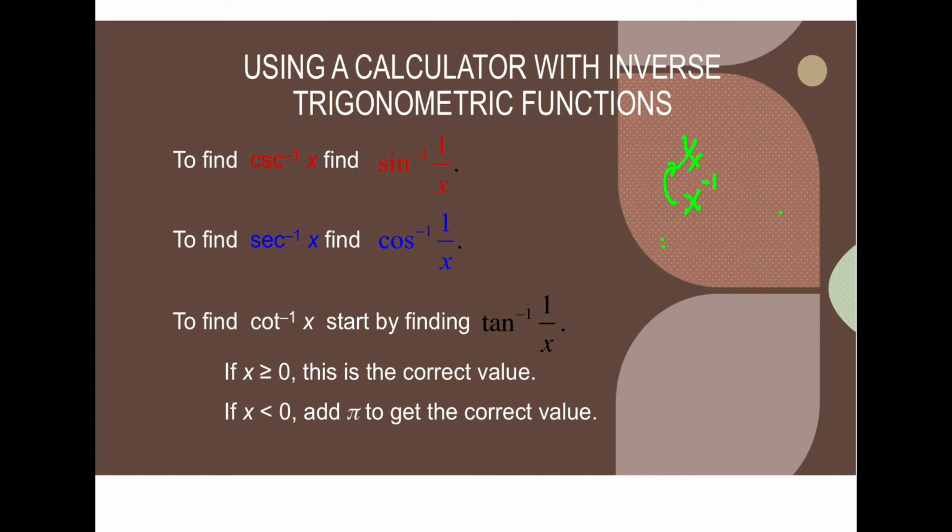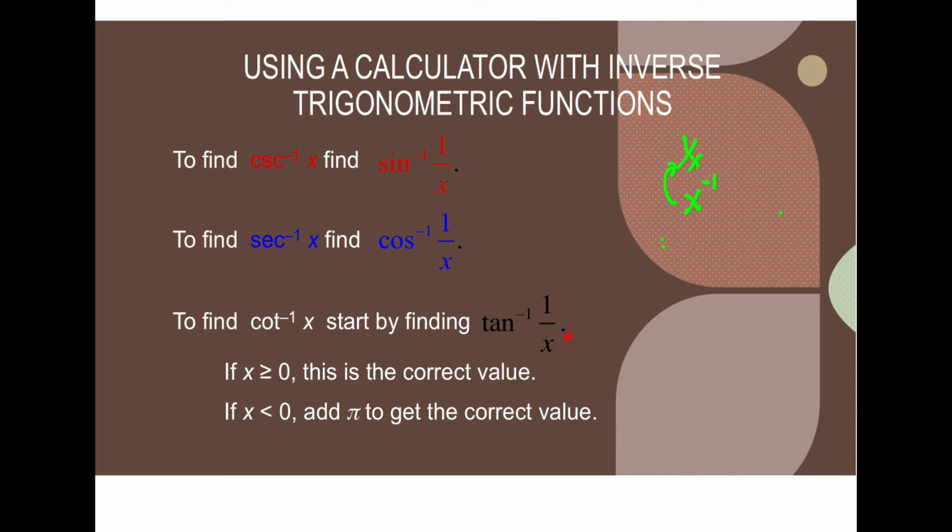Now, with these functions, their domain and range values are the same as the ones we restricted. We restricted sine to -pi/2 to pi/2, and cosecant has the same restrictions. We restricted cosine to 0 to pi, and secant shares the same restrictions. With tangent, it's a little bit different.